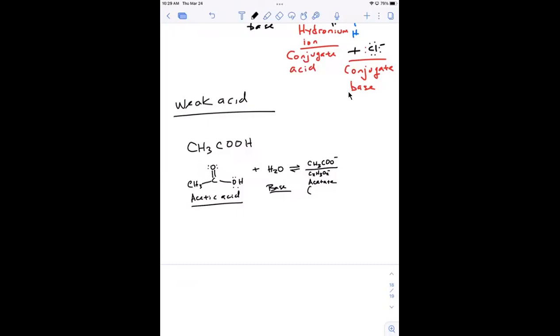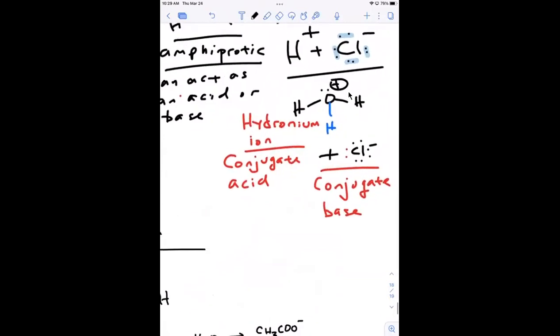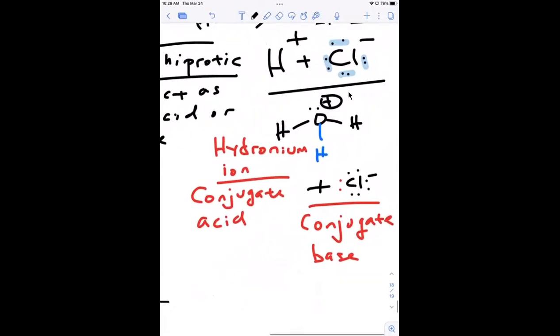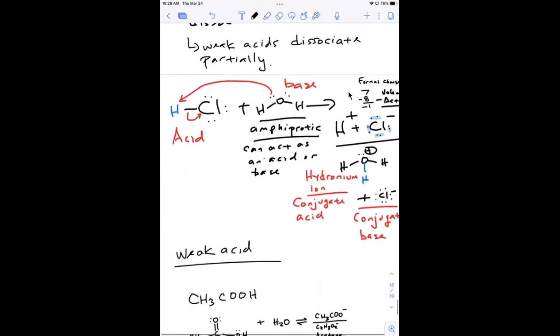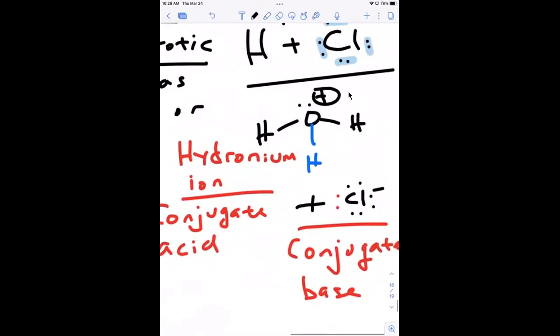So the conjugate acid, let's go back up here. If this was the conjugate acid, notice what happened. It started out as water. It picked up H plus from HCl, and now on this side, it has an extra proton. So the base is going to start out as the base and end up as the conjugate acid.